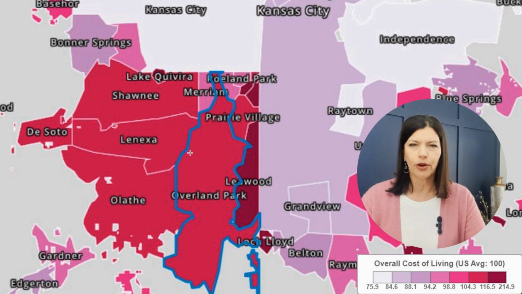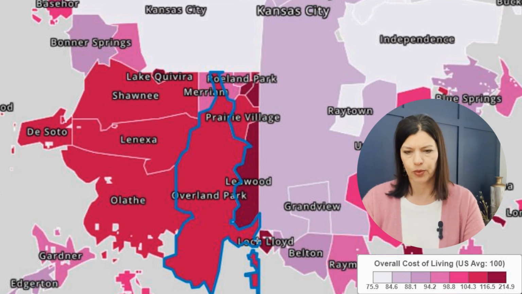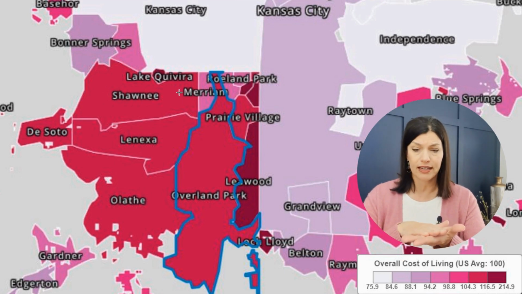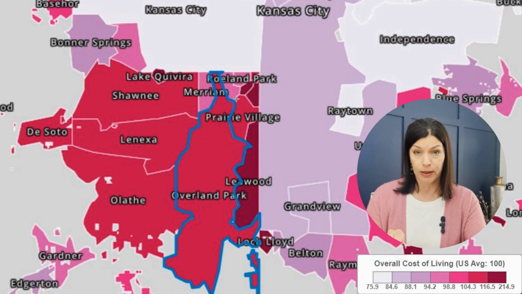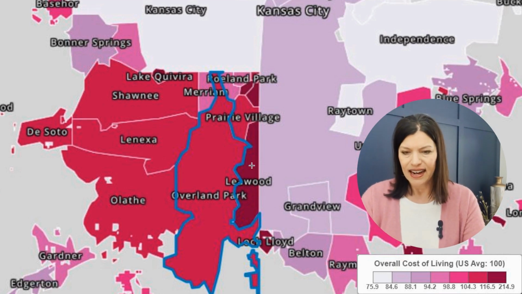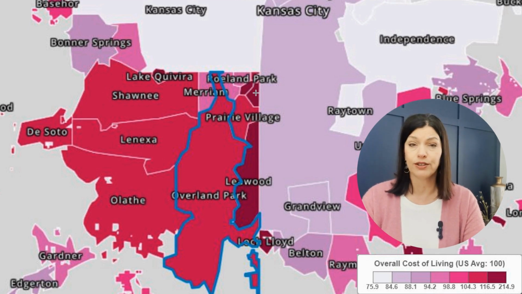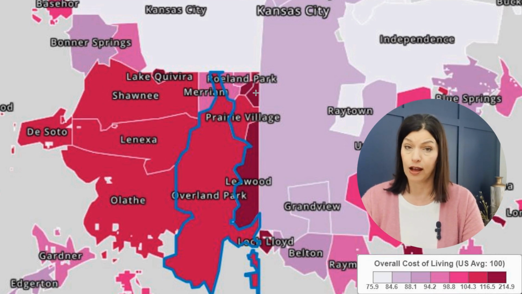There's a blue line around Overland Park, and that's just because that's what I searched for. If you look in Merriam or Mission, Roeland Park, some of those are real close to the national average. And then there's a strip going down the state line. It starts up here further north, and that's Mission Hills, very pricey, and then moves into Prairie Village and to Leawood, and then touches up with Loch Lloyd down here.